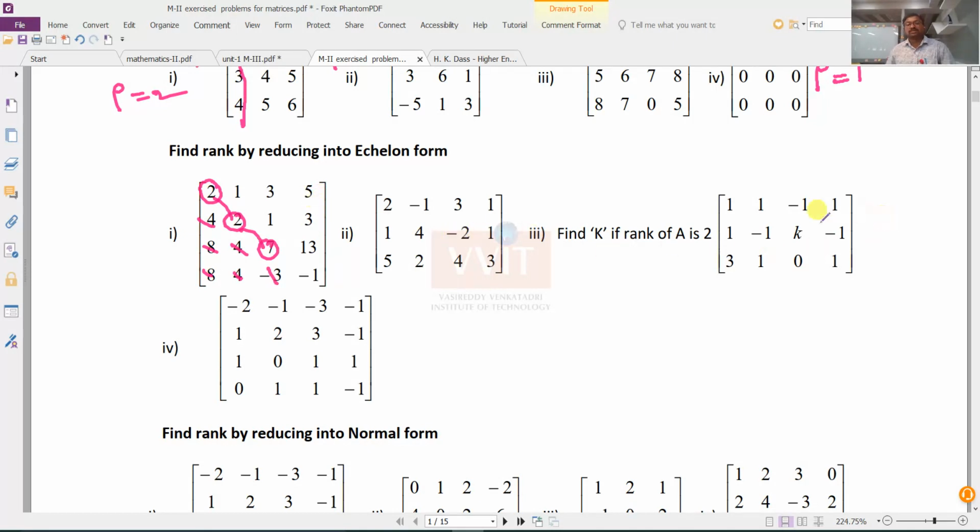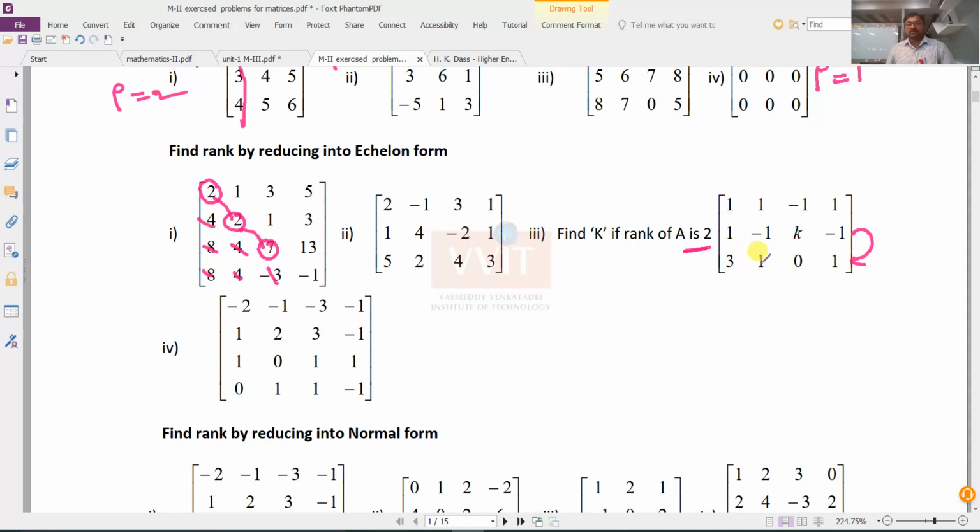But here a k is given. Find k if rank A is 2. Rank A is 2 means, for my convenience, I would like to interchange these rows, R3 as R2 and R2 as R3. Then I will find the echelon form.